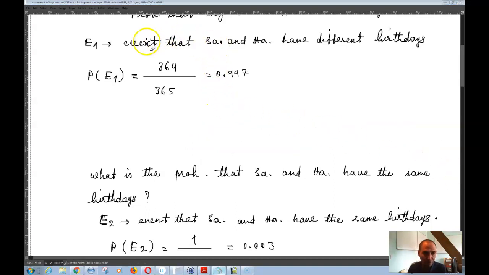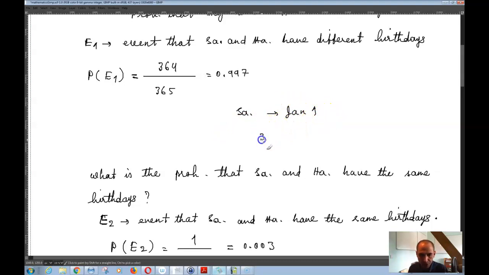So the first event is that Savita and Hamida have different birthdays, right? So that means that if Savita, for example, has been born on January 1st, then Hamida could have been born on any other day of the year except for January 1st.